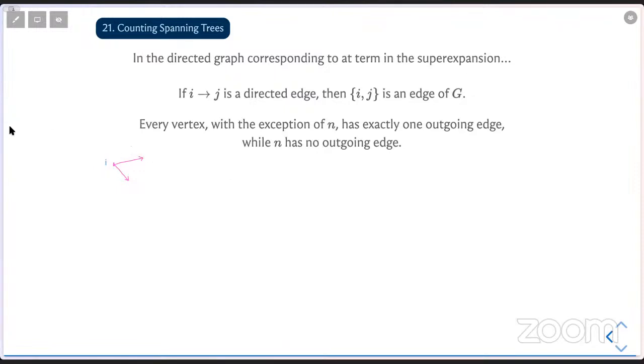Is it possible that we added edges to vertex j and some other vertex j prime? Can this happen? Let's just think about when would we add these edges. And we don't have to worry about the sign at the moment, but just positive or negative.